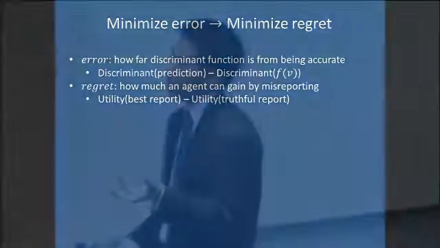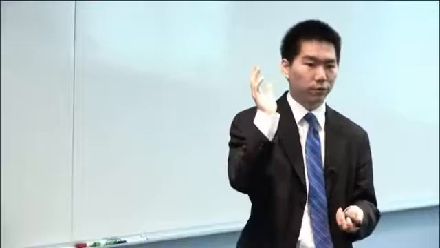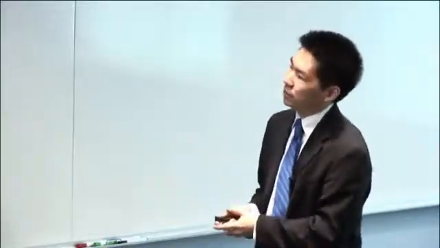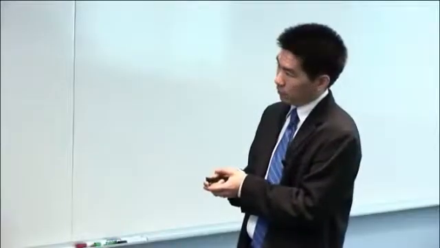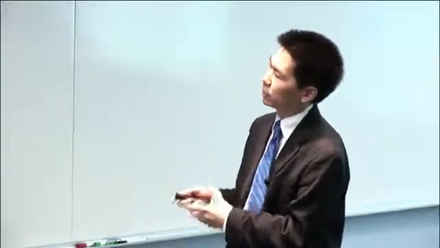On the mechanism design side, we can look at regret, which is the utility of an agent for its best report, since it could report anything, minus its utility for reporting truthfully. And the theorem is that if we have an admissible classifier that minimizes this generalization error, the error that's dependent on the discriminant function, then we'll find a rule that minimizes expected regret.